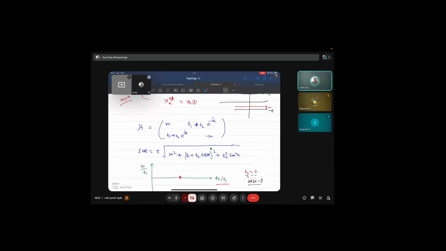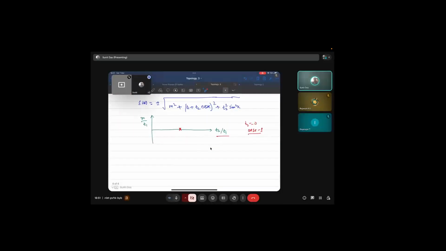In the trivial case, we had the winding number to be 0. So we start from T2 equal to 0 and this goes to infinity. T2 going to 0 means we have a winding number of 0, so this is the case where the mod of the winding number is 0.